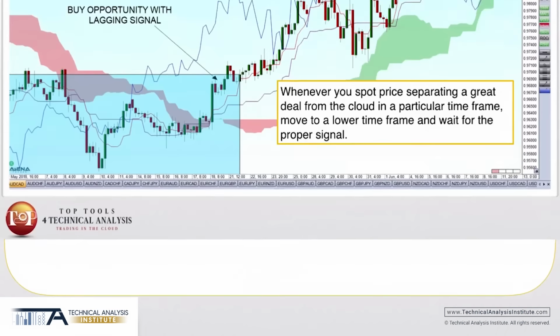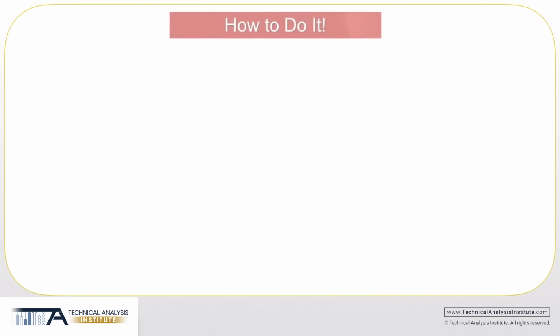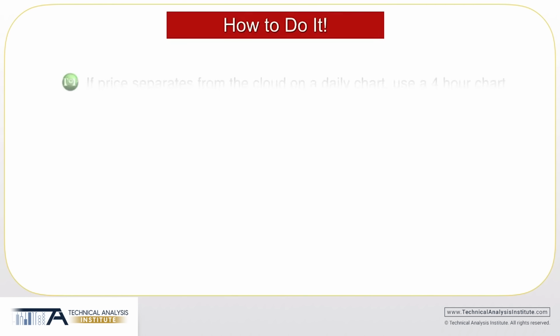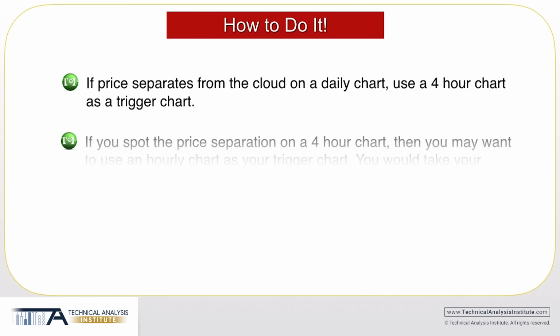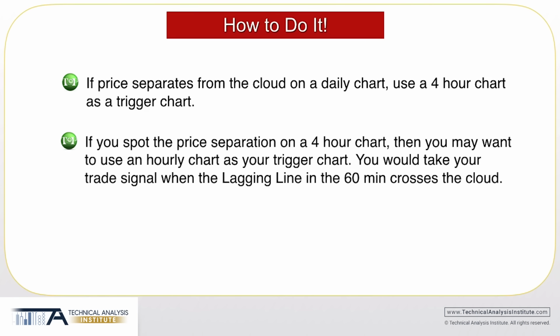The relationship should be more or less like this. If price separates from the cloud on a daily chart, use a 4-hour chart as a trigger chart. By a trigger chart, I mean the chart from where you would take your trade signals. If you spot the price separation on a 4-hour chart, then you may want to use an hourly chart as your trigger chart.